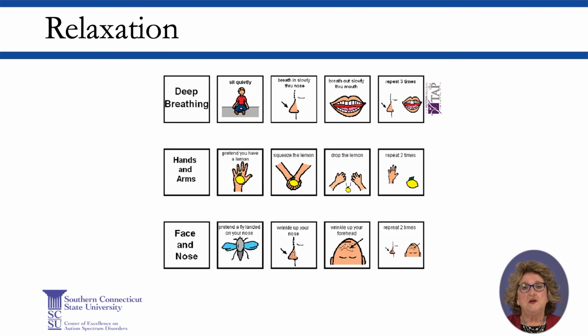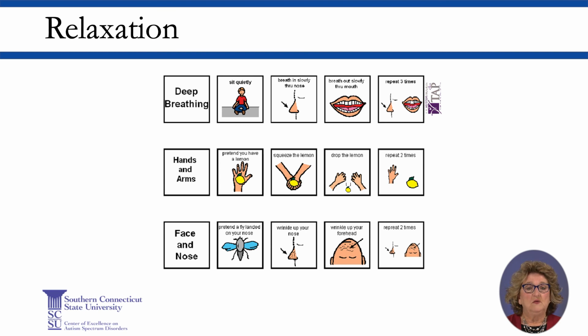Relaxation. Think back to the visual of the environment and the classroom setup with the work area, the small group area, and the quiet area. These would be visuals that you could post in that quiet area.